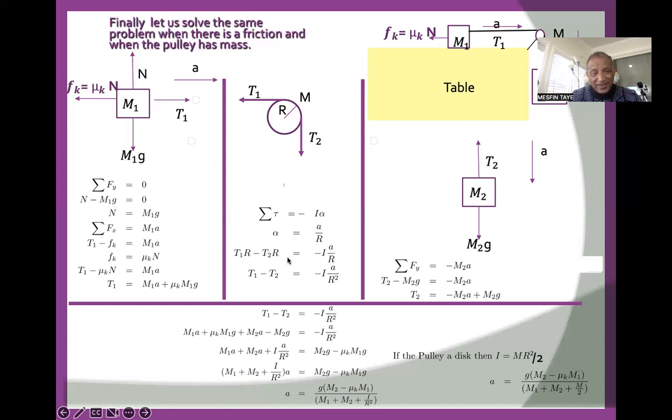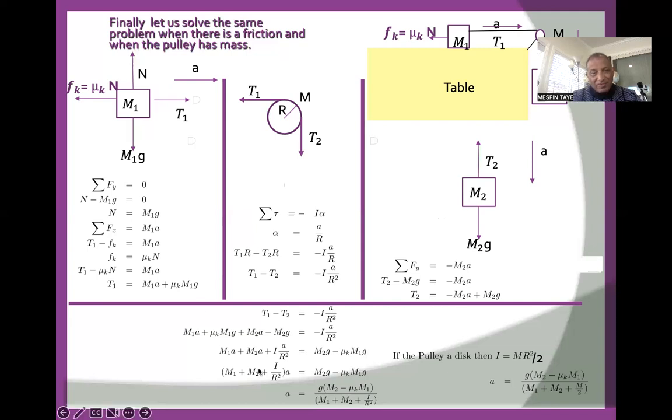If you divide this by r, you have to divide this by r. So T1 r minus T2 r is equal to minus I times alpha, where alpha is A over r. Just put A over r here, and divide by r. T1 minus T2 is equal to negative I times A over r squared. That's it.